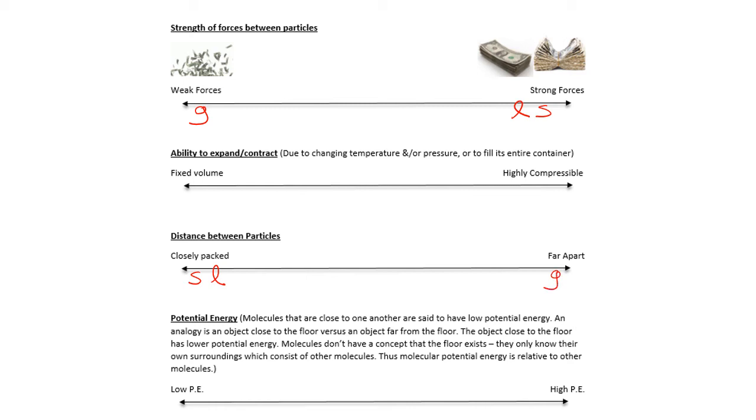That distance is what creates the compressibility. Only gases are highly compressible. Solids and liquids, you'll get a little bit of expansion and contraction due to temperature, maybe a little bit due to pressure, but not really enough that you would actually notice it on a macroscopic level. You don't typically press down really hard on a solid and go, oh man, it shrunk.